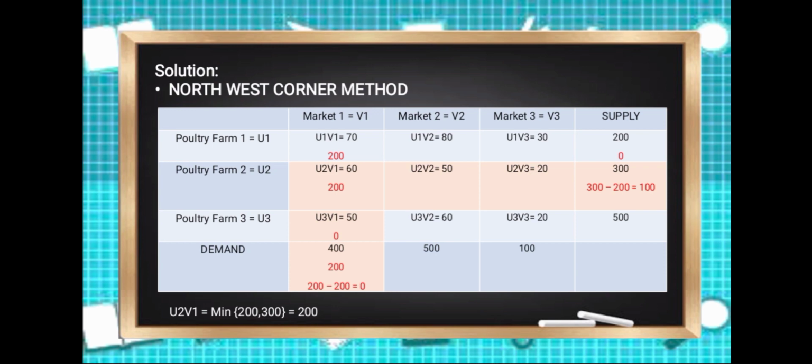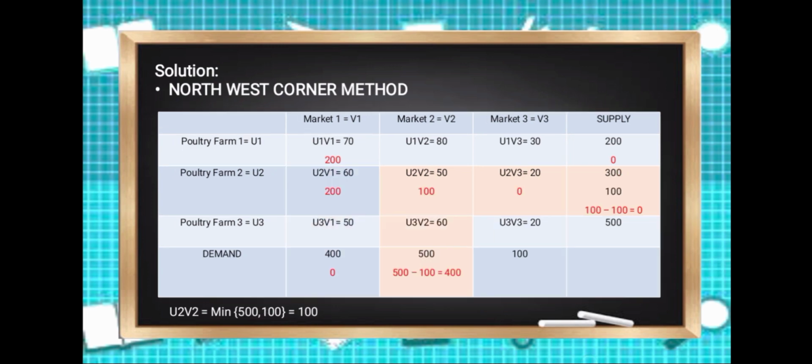And then the third step is we proceed to column 2, but still in row 2 since we still have 100 in our supply. Again, the minimum of 500, which is the demand, and 100, which is the supply, is equal to 100. We put that as the value of U2 V2.